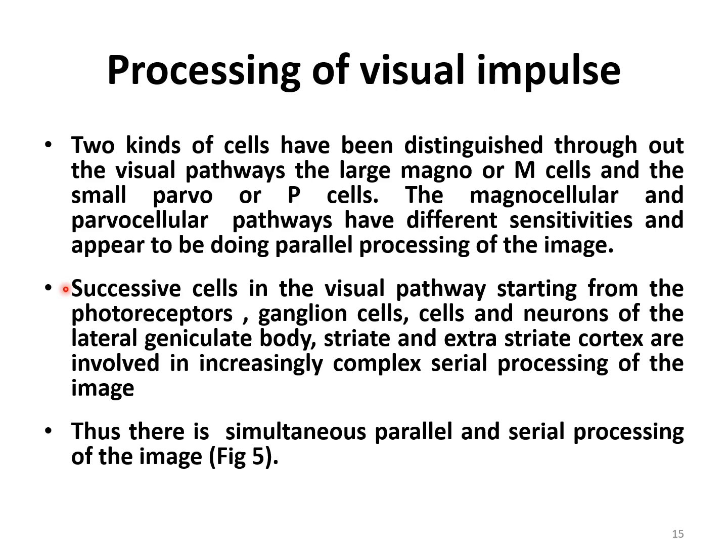Successive cells in the visual pathway, starting from the photoreceptors, ganglion cells, and neurons of the lateral geniculate body, striate and extrastriate cortex, are involved in increasingly complex serial processing of the image. Thus, there is simultaneous, serial, and parallel processing of the image.